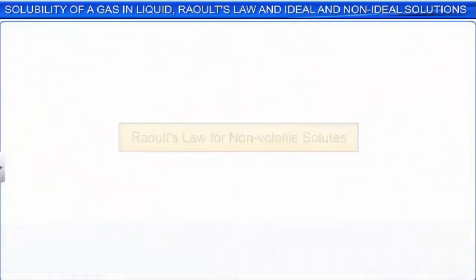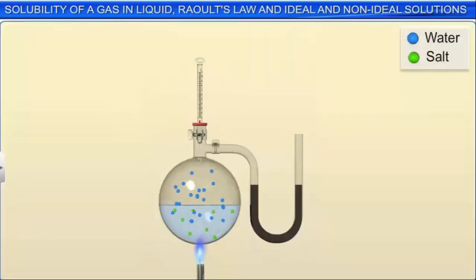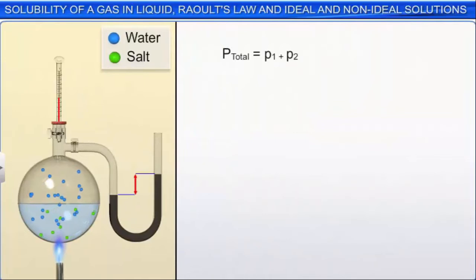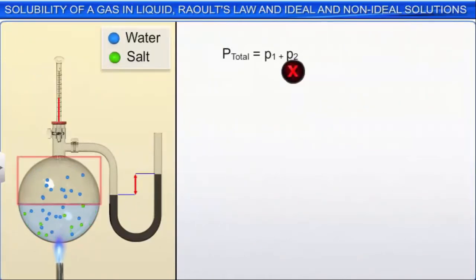For example, in a solution of salt in water, salt is a non-volatile solute and does not contribute to the total vapor pressure of the solution. Thus, the vapor pressure of the solution will be the vapor pressure due to the solvent only.